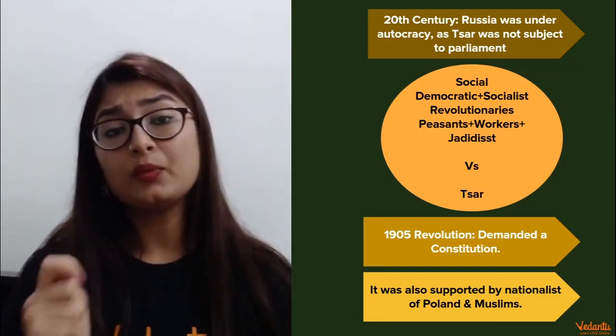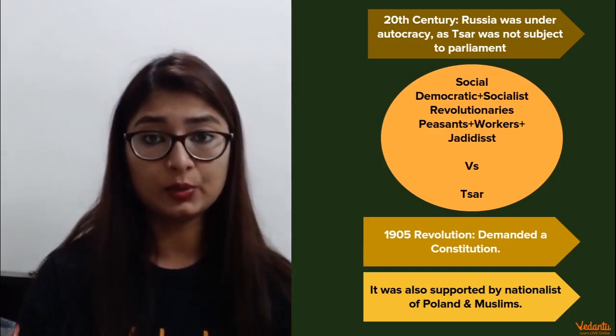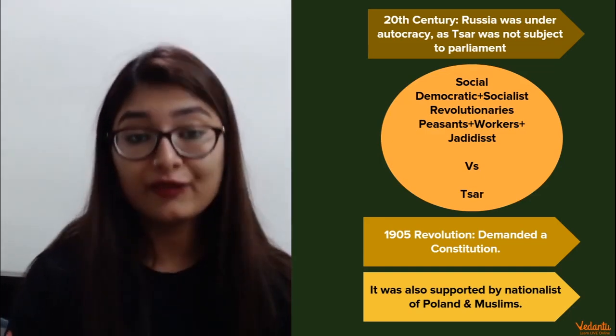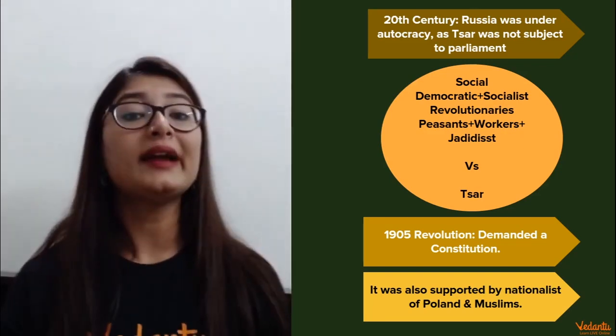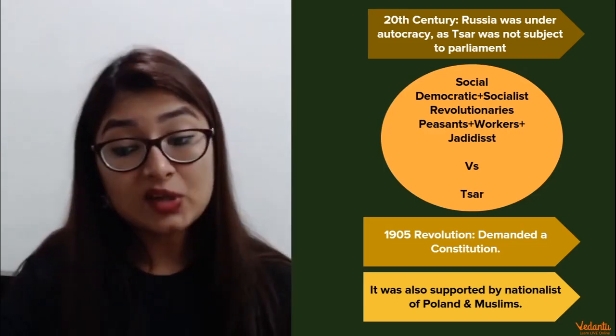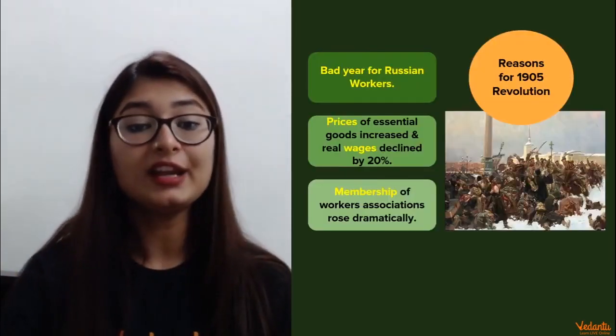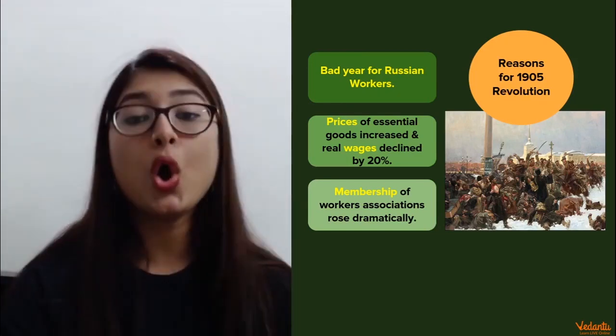Their only demand was not even that the king should move away or the monarchy should end absolutely, but that they be given a constitution and a parliament. This entire idea was supported by nationalists of Poland and Muslims also, jadidists, as I told you. Okay, so socialism became the guiding principle for all of this.